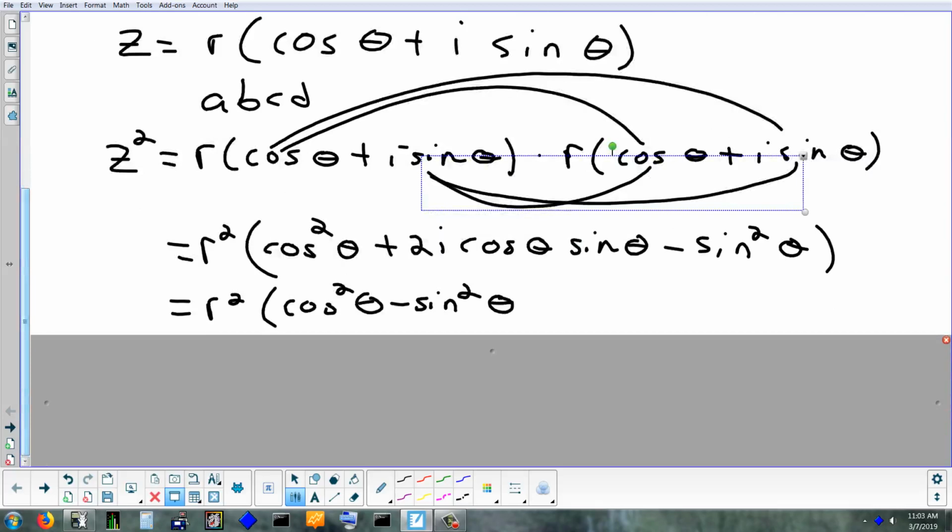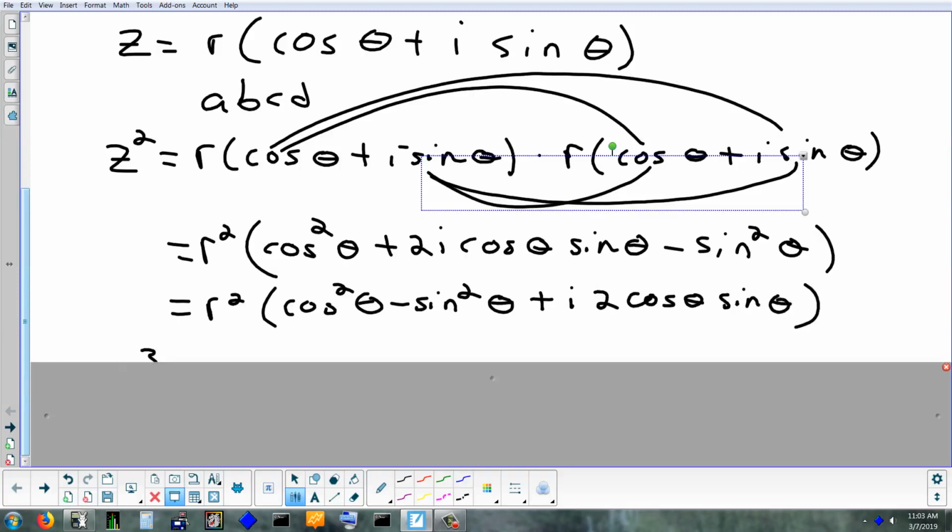And then this part, I'm going to put plus, I'm going to put the i first, and then the 2, then the cosine, then the sine. Again, it's not really important, but it may help you to see something. 2 cosine sine.